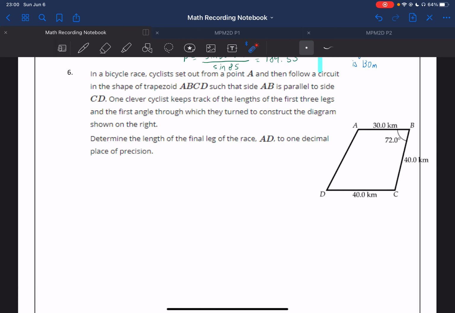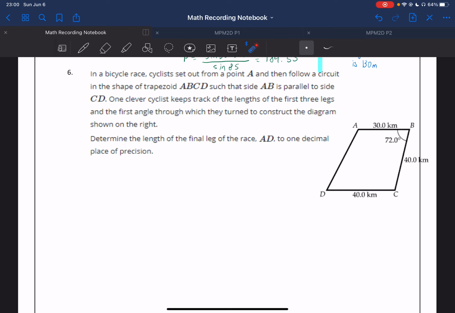We have a bicycle race where cyclists set out from point A, which is right over here, and follow a circuit. So we get 30, 40, 40, and whatever this guy is here. AB and DC are parallel lines.